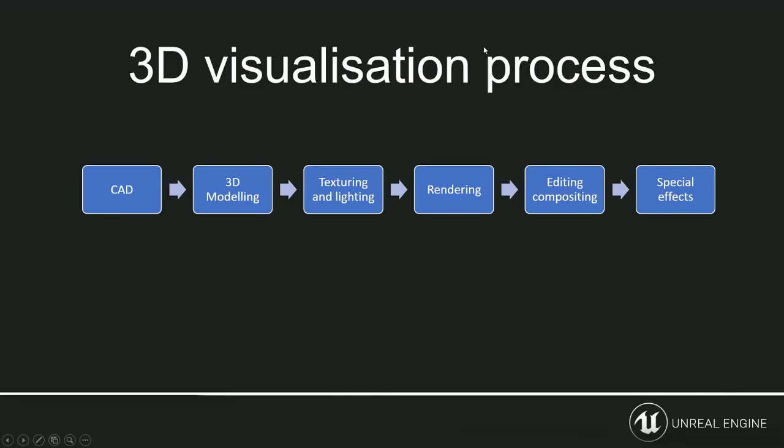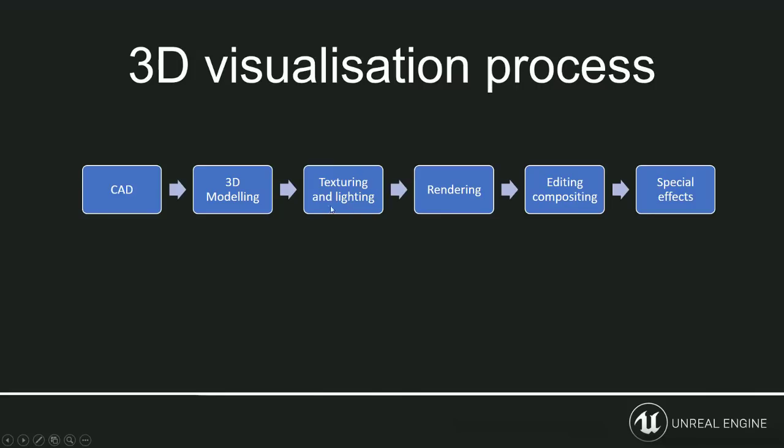we create for 3D visualization across industries. We start off with a 2D or a 3D blueprint, a model which has been done perhaps roughly, perhaps accurately, and then that tends to go from, for example, AutoCAD to 3ds Max, where we'll do some modeling, organize the model, and maybe set up some viewpoints.